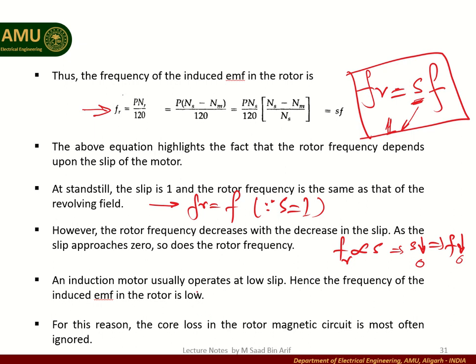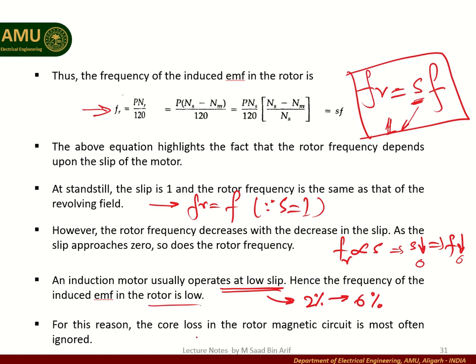An induction motor usually operates at low slip. Its slip is usually 2% to 6%. That is, the lagging of the rotor speed is not much. Hence the frequency of the induced EMF of the rotor is low.